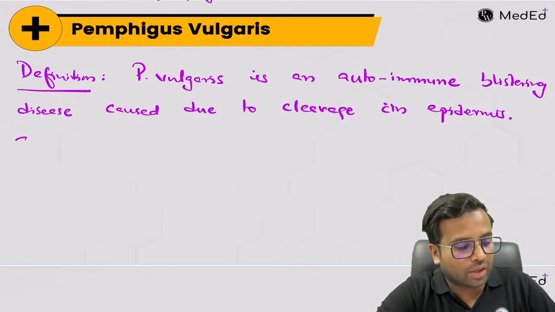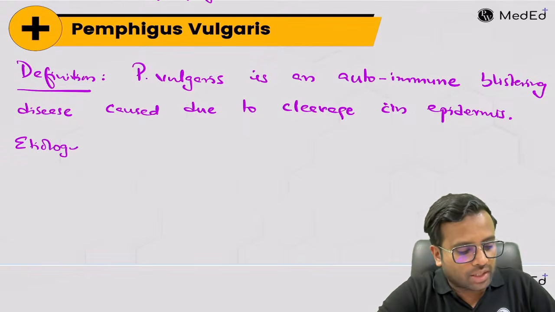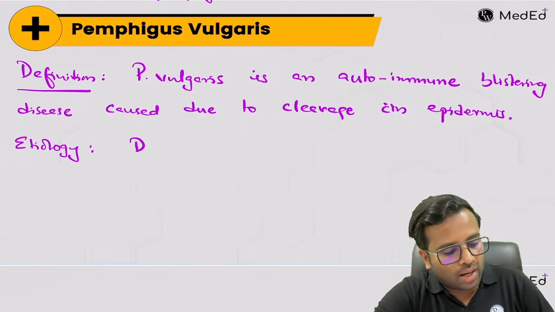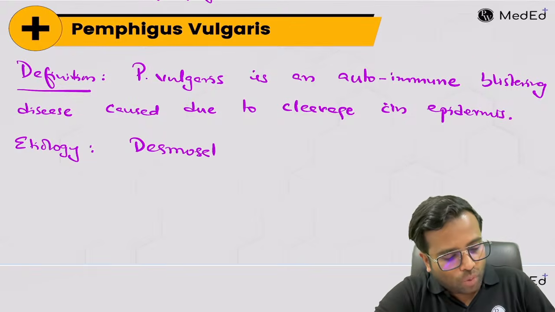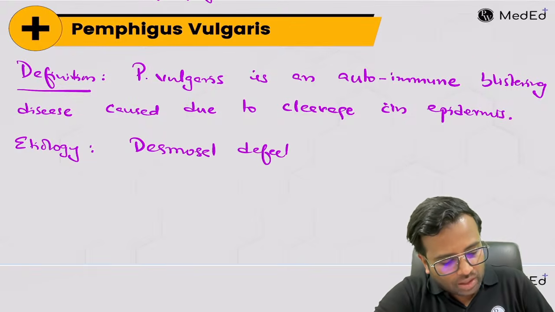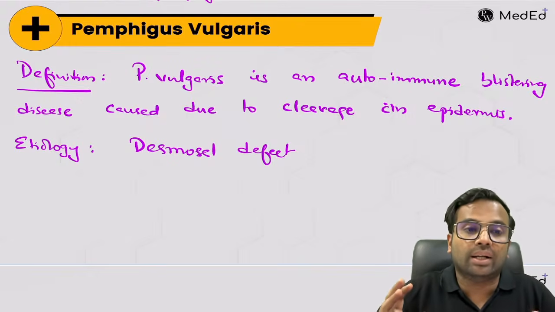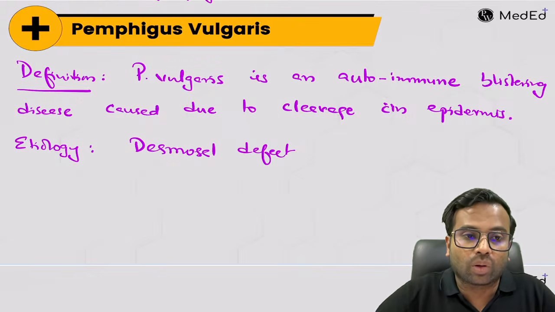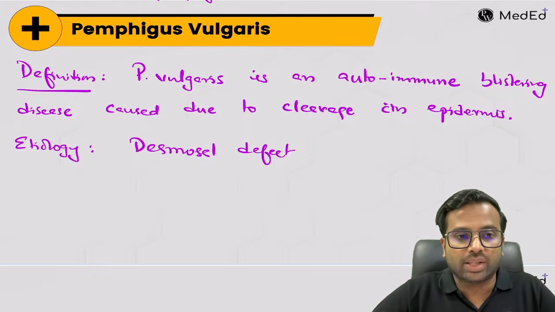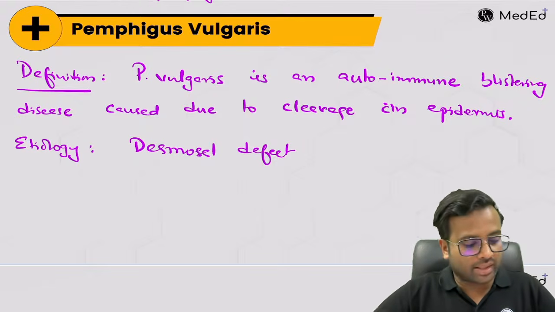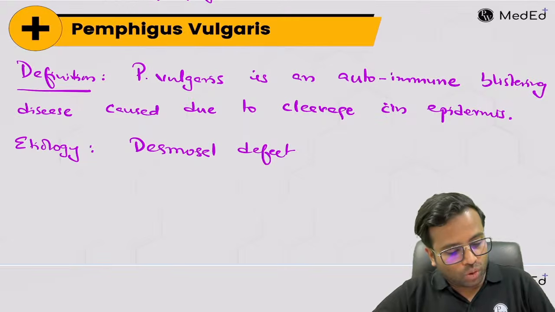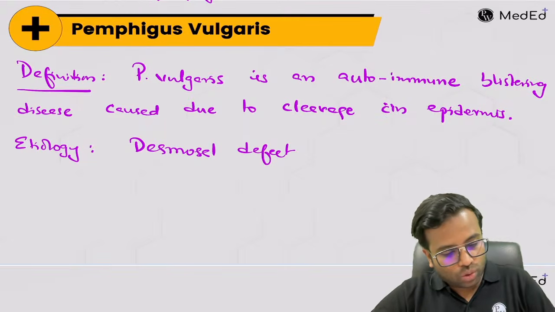The reason or the etiology is due to a desmosomal defect. See, all of you, when you are going to write down what is the reason for a pemphigus group of diseases, then here the reason is desmosomal defect.